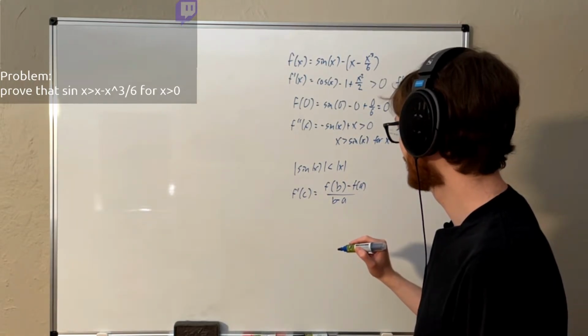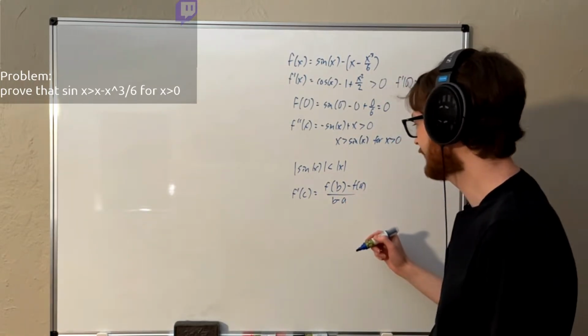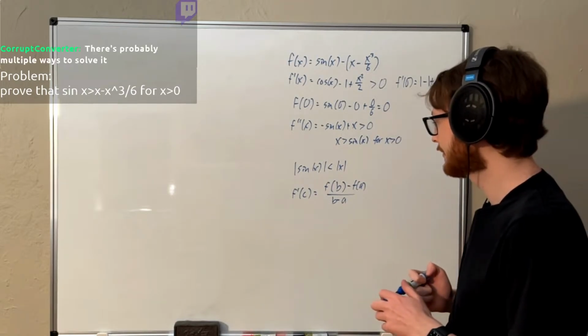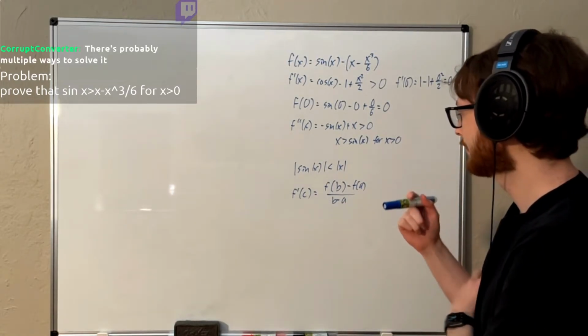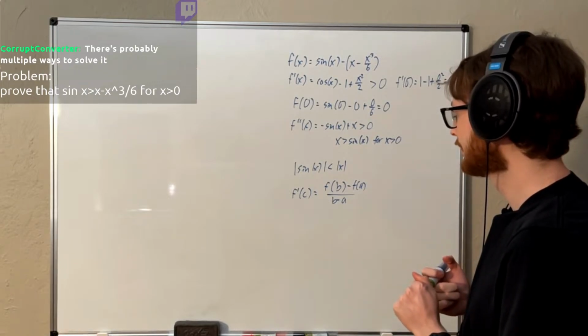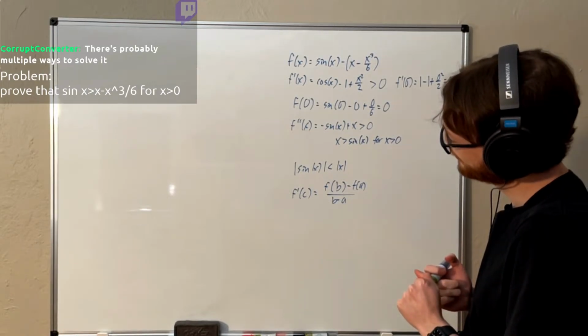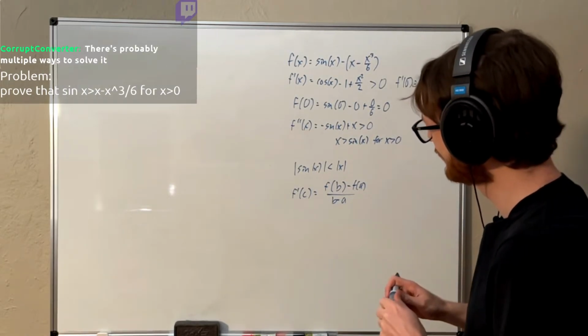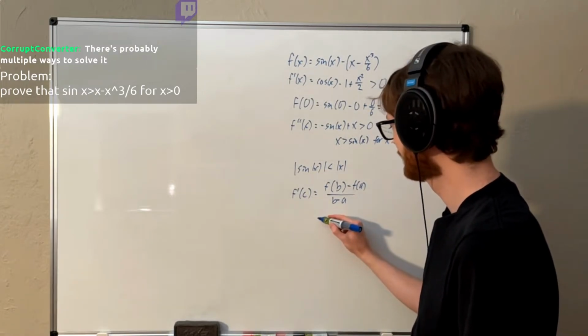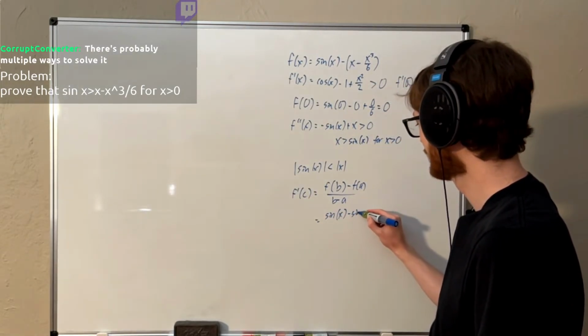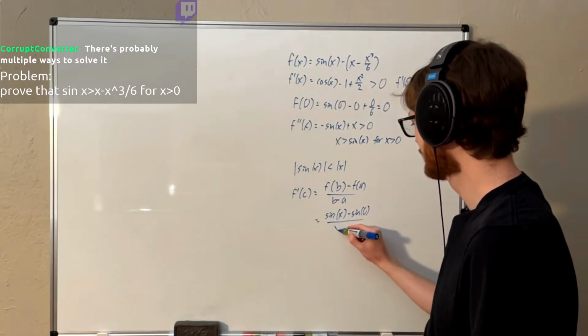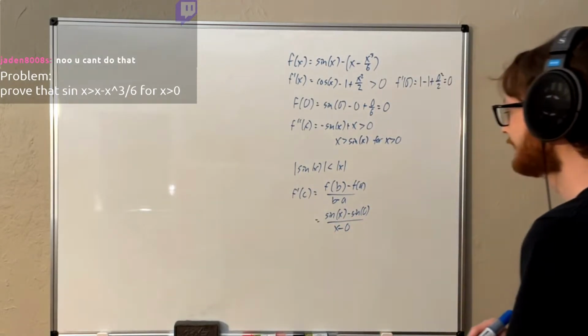And would b be x and a be 0 here? Something like that?